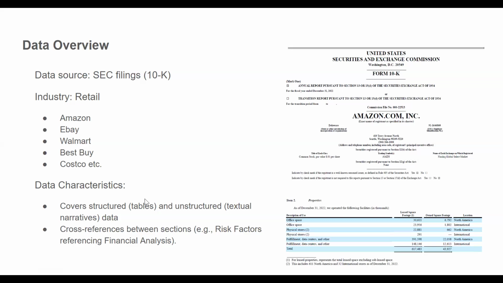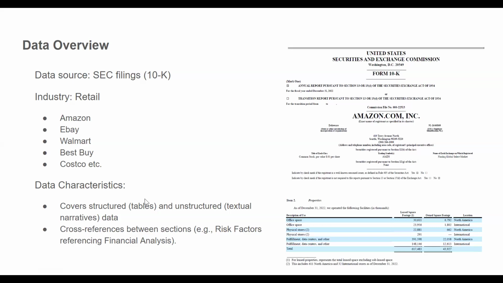So these filings are comprehensive reports that provide insights into the financial and operational status of these companies. And a 10K includes information like business history and current operations, audited financial statements, and management's discussion and analysis.